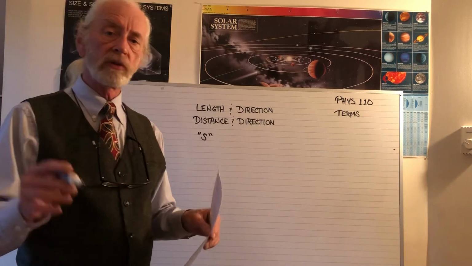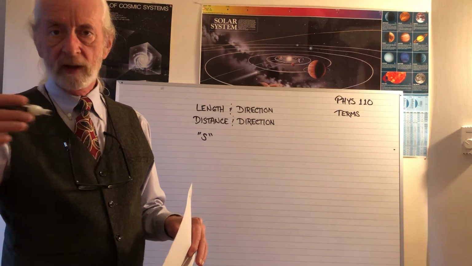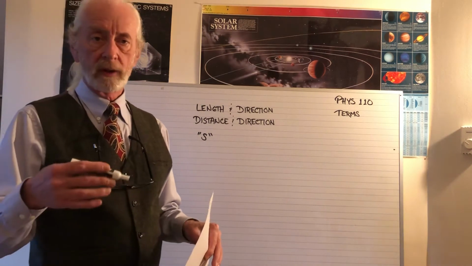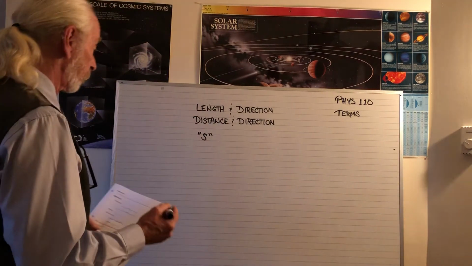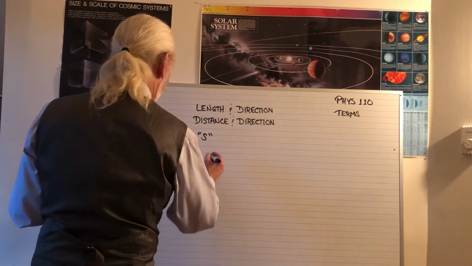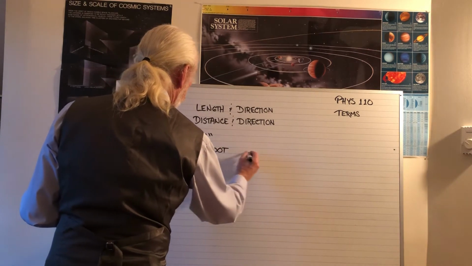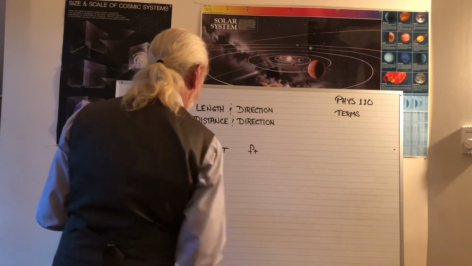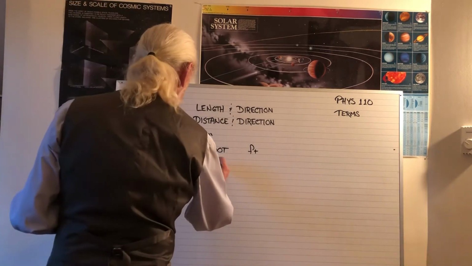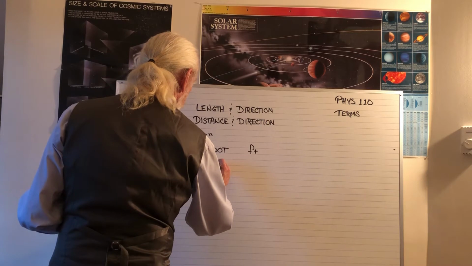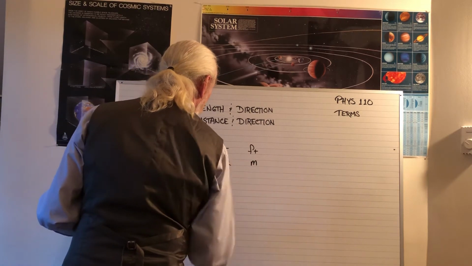Standard units. This is going to take some work too. We have to use standard units when we're defining or describing or measuring these different quantities. So the standard units, British or US standard, that's us, is a foot, abbreviated like so, and metric is a meter, abbreviated like so.